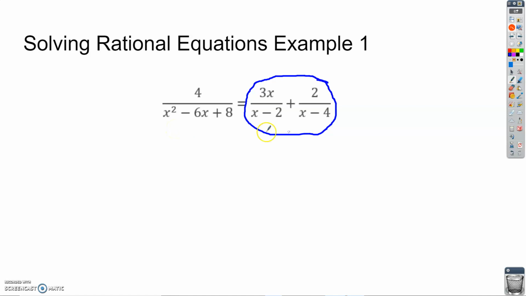So remember, in order to combine fractions, we need like denominators, and then also we need to be able to simplify this one too. So we have to factor x squared minus 6x plus 8. Since there's no number in front of x squared, this is really easy.